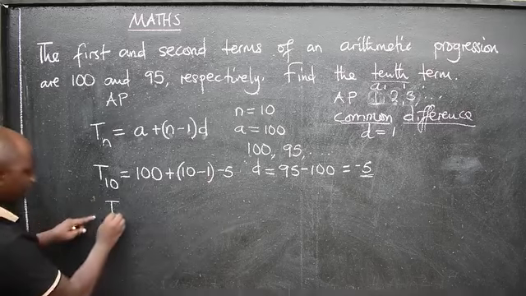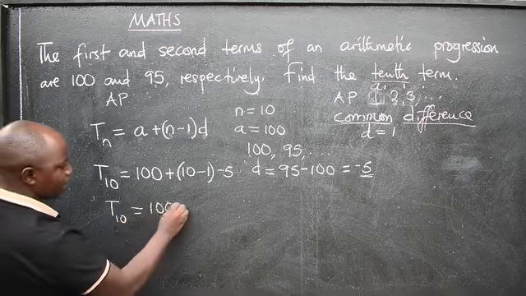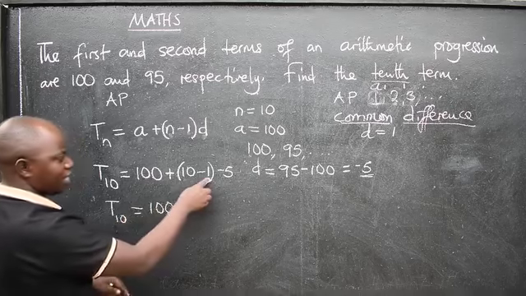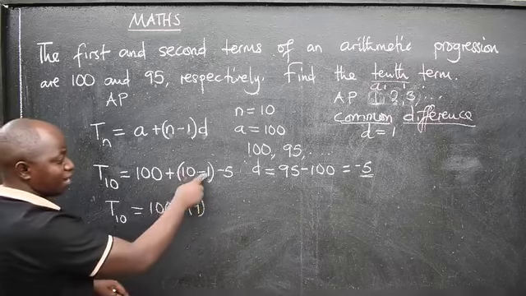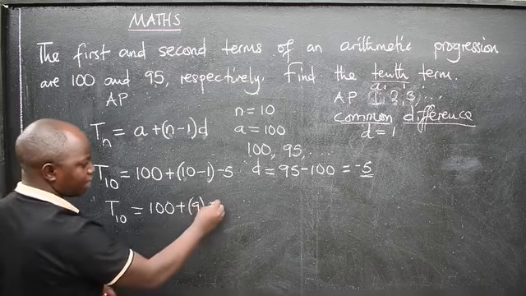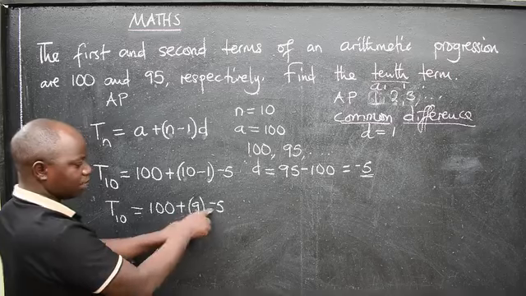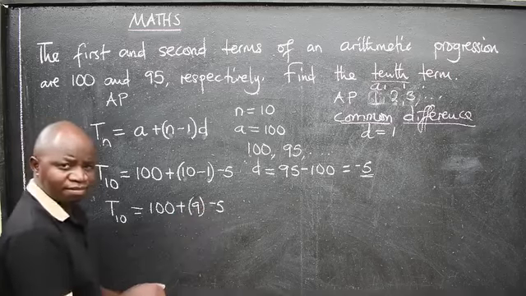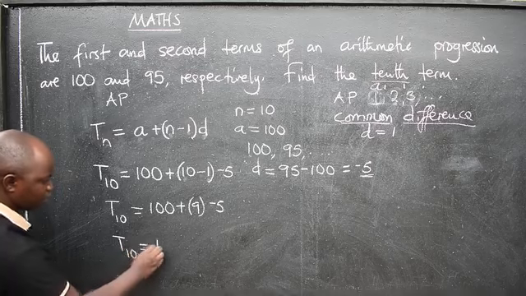We are going to say our 10th term will be equal to 100 plus, what is the answer here? 10 minus 1 is 9. Then we have negative 5. This is not minus 5, you subtract. No, that is negative 5. Then our 10th term will be equal to 100.